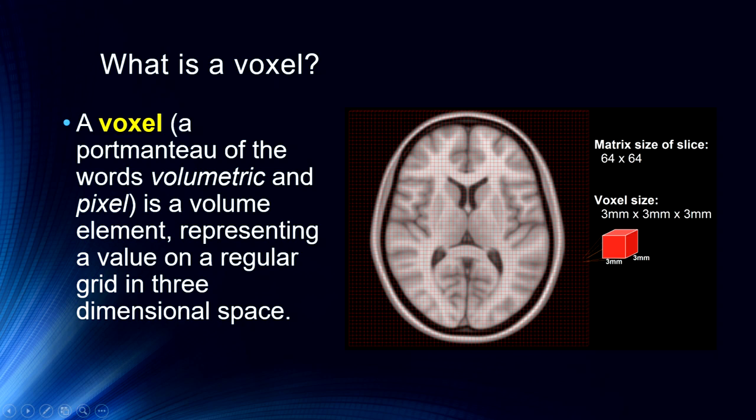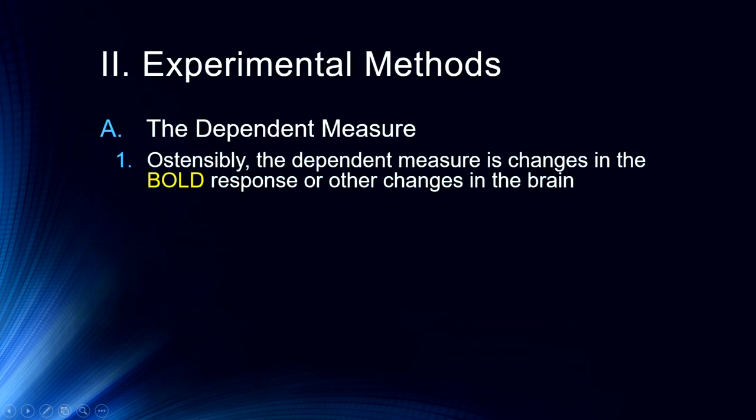And within those voxels, we're looking at whether there is a change in the signal from the magnetic resonance image machine, or from the signal from a PET scan. So ostensibly, our dependent measure might be changes in the BOLD response, which is the blood oxygen level dependent response from an fMRI, and we'll get into that in the next lecture, or other changes in the brain.